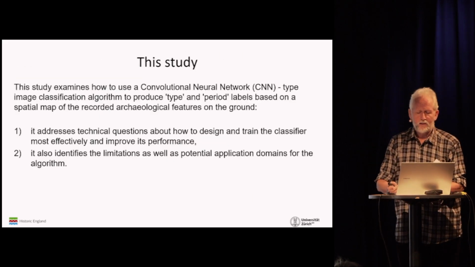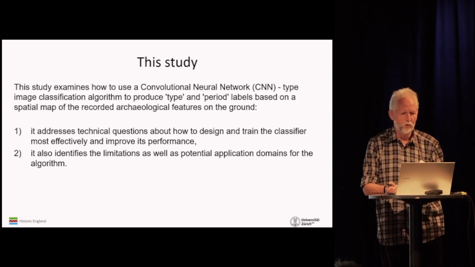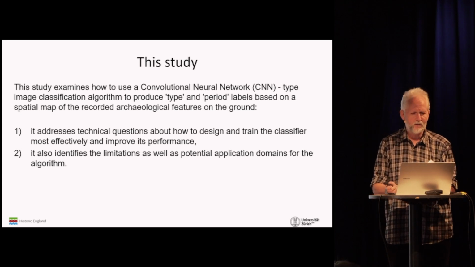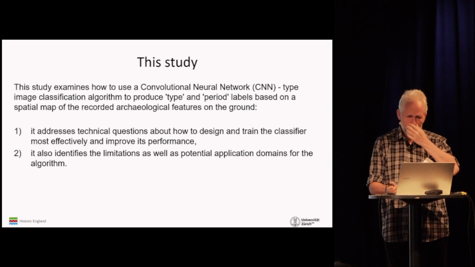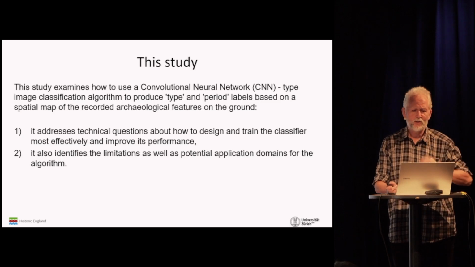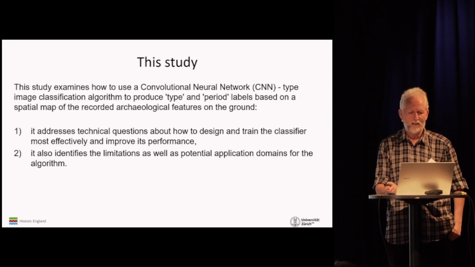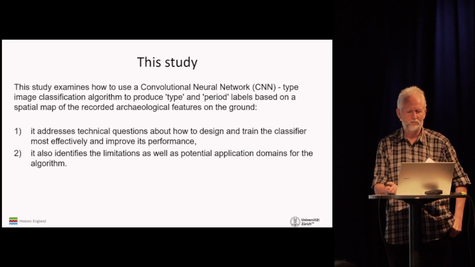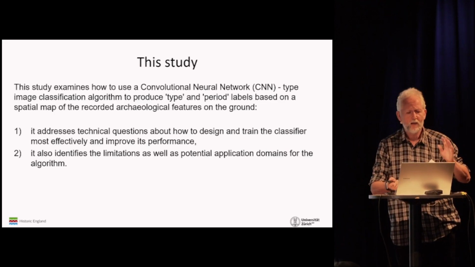So the idea of this study, which is where I have to now start looking at my notes more because this is the AI side, is to use a convolutional neural network, easy for you to say, image classification algorithm to produce type and period labels based on the spatial map of recorded archaeological features on the ground. I've just realised I read that off the slide, which you should never do.